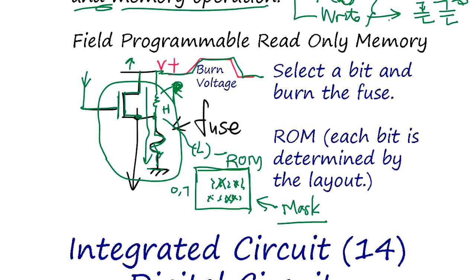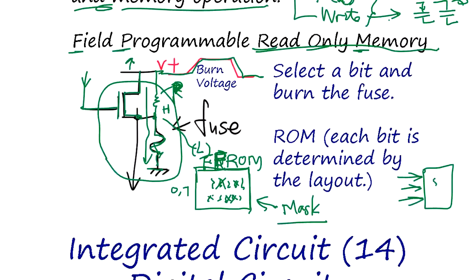If you add F, field programmable ROM, this is read-only, and field programmable means that after the chip is made, using software, you can determine which bits to blow, then create a memory table. This is field programmable ROM.